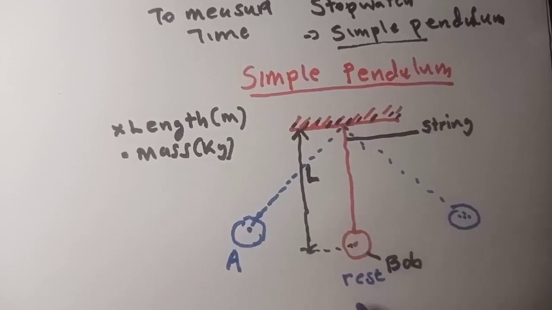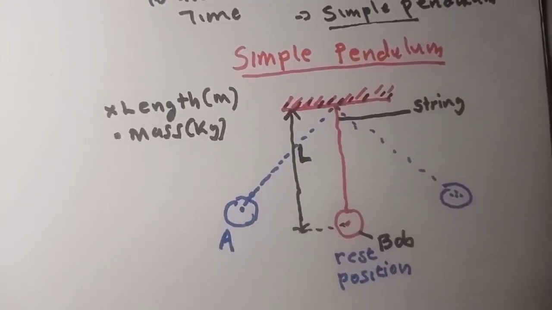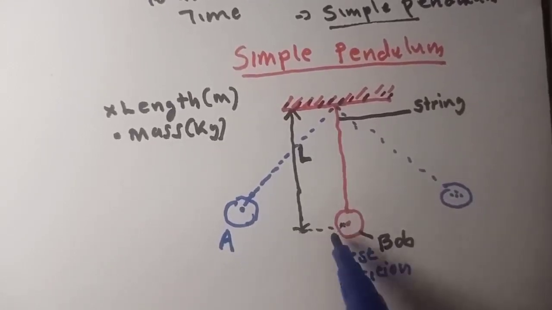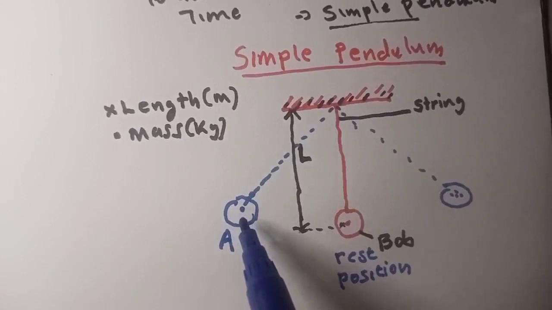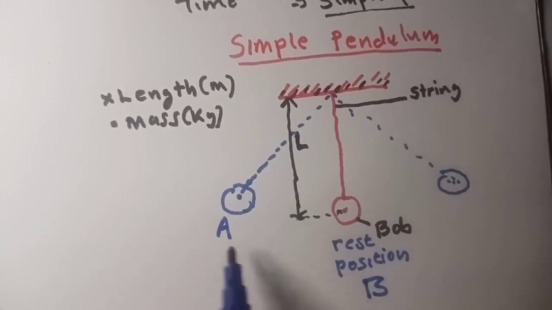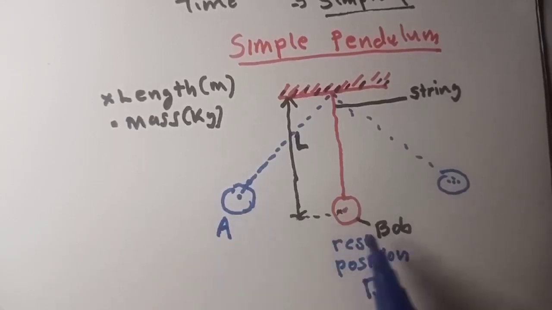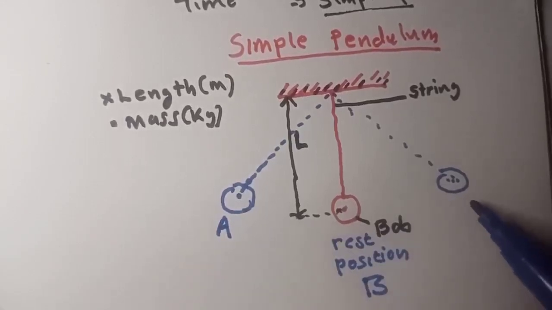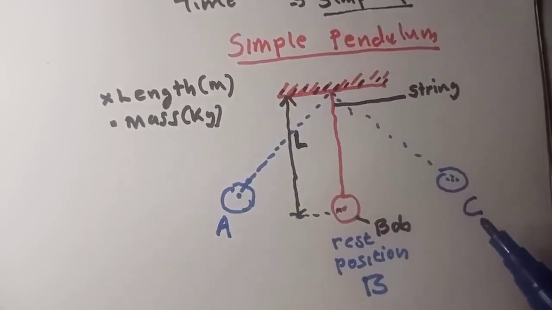Before we swung our bulb, it was here at point B, the rest position. So it swung like that, passes through point B, swung here, and we're going to call this point C.